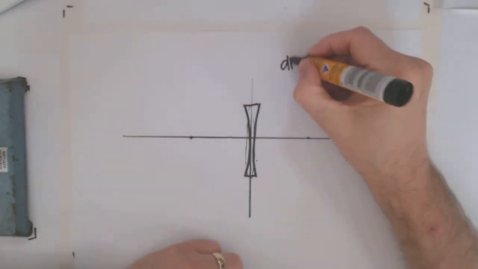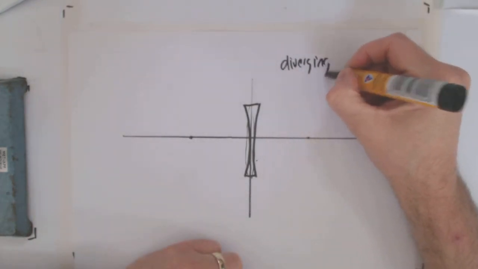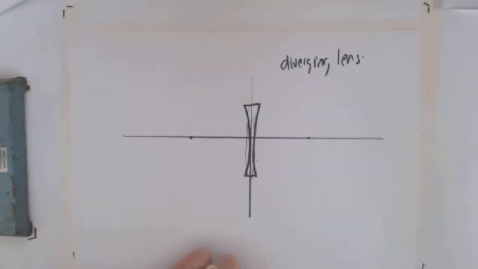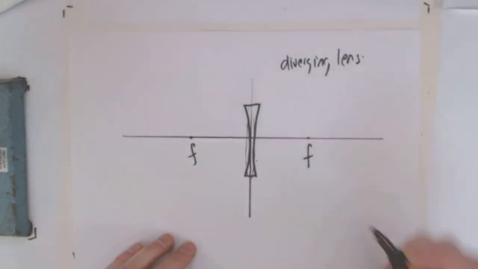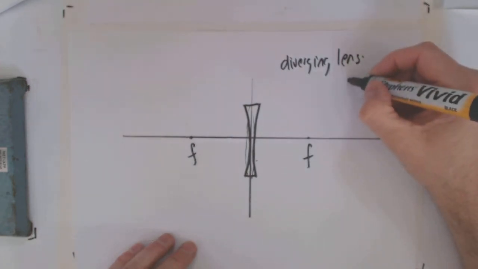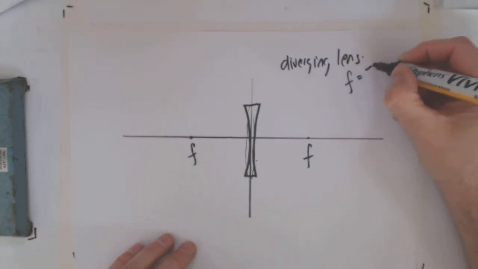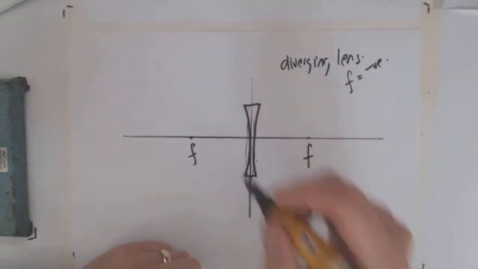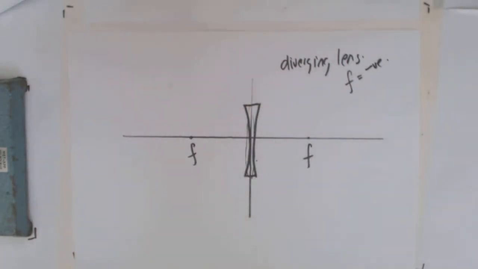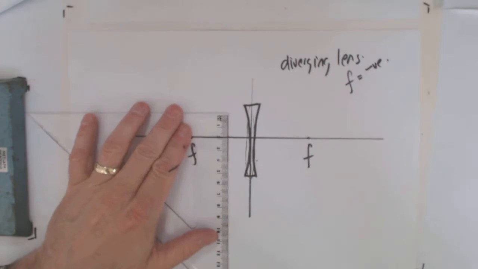So this is a diverging lens, and again I'll put the focal point there, focal point there. For a diverging lens, the focal length is negative in our formula. So let's put an object here and see what we get. Put our object here. Do a 2 centimeter object, that's good.